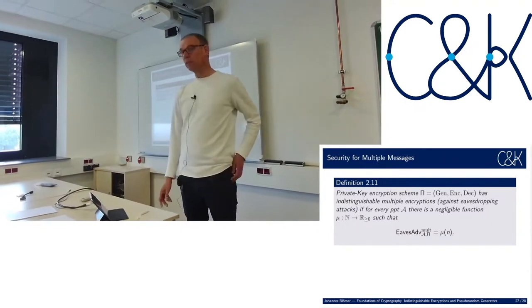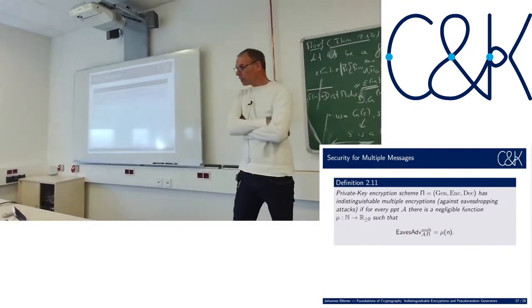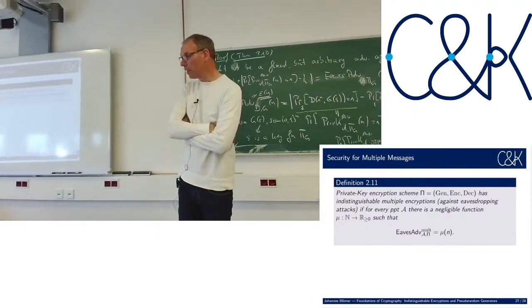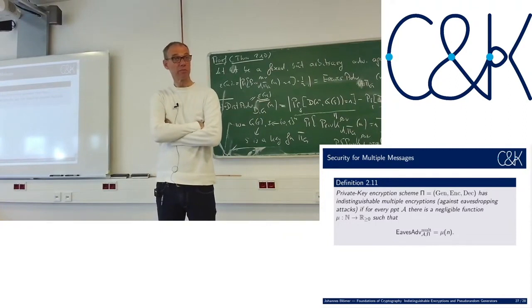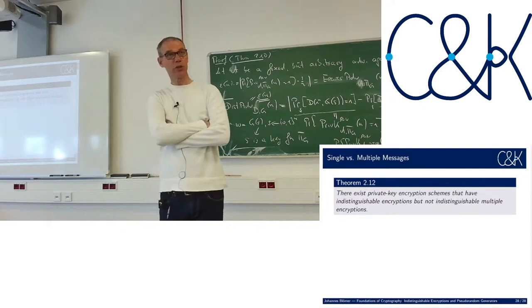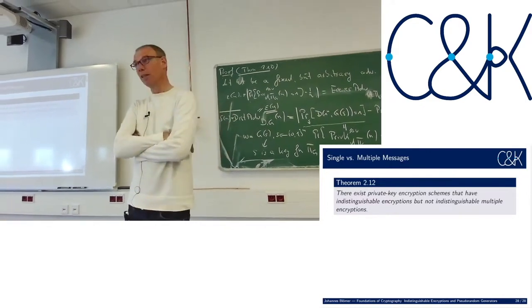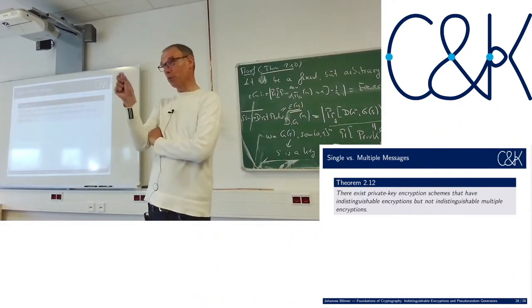Now comes a disappointing message. There exist private key encryption schemes that have indistinguishable encryptions, but not indistinguishable multiple encryptions. Which doesn't say anything against the encryption schemes. It just says that our original definition of security, or our second definition, namely, the first one was perfect secrecy.